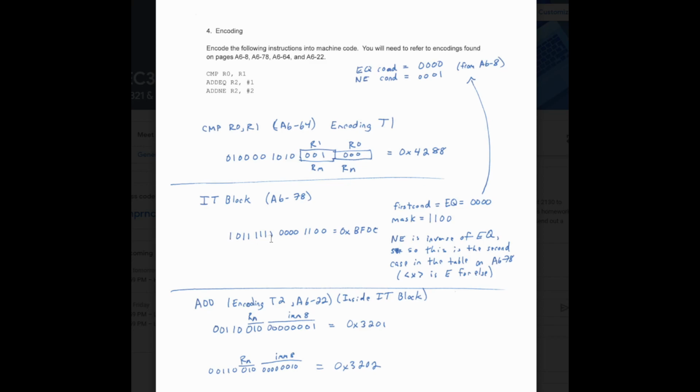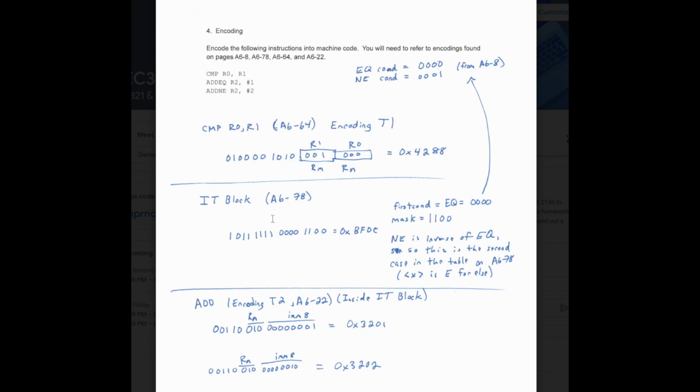That is always the bits that are set for an IT block. And then we have the first condition that we're going to see. That's coming from the EQ. So we have to know that first cond is EQ. That's the first conditional instruction that we're doing here. And so EQ in table A6-8 is defined as 0000. So those 4 bits for first cond are 0000.